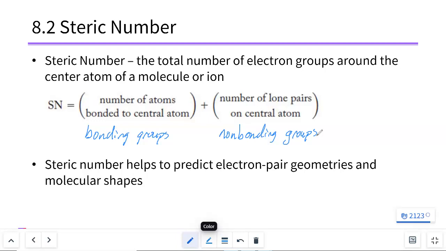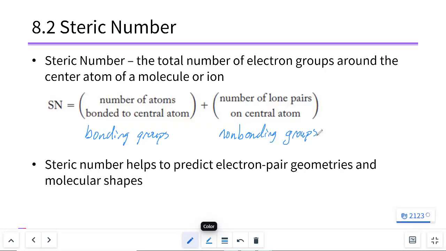So if we have a structure that has a double bond or a triple bond, that double bond or triple bond counts as one bonding group, because that double bond or triple bond is to one atom in particular. In the rare case where we deal with radicals, radicals would fit into a non-bonding group as well. Usually we end up just talking about lone pairs because that's the most common kind of non-bonding group.